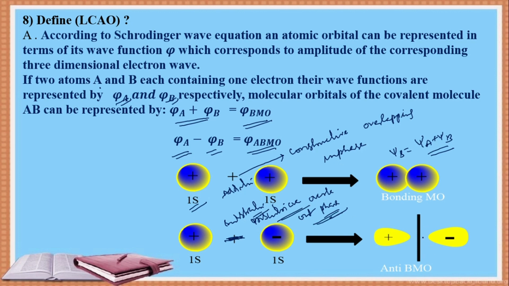Here you can see the nodal plane will be present, so we call it the anti-bonding molecular orbital. Clear? Generally the anti-bonding molecular orbital has greater energy than the atomic orbital, but the bonding molecular orbital has lower energy than the atomic orbital.